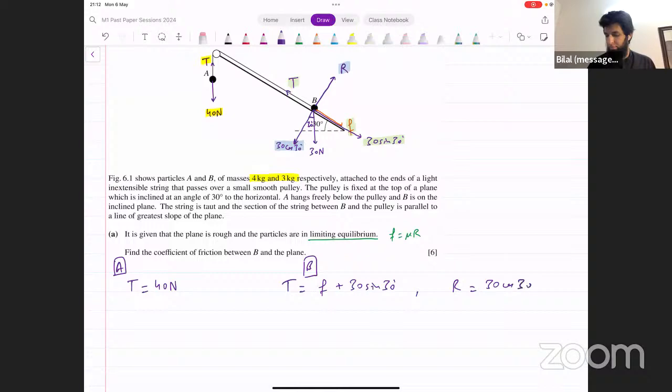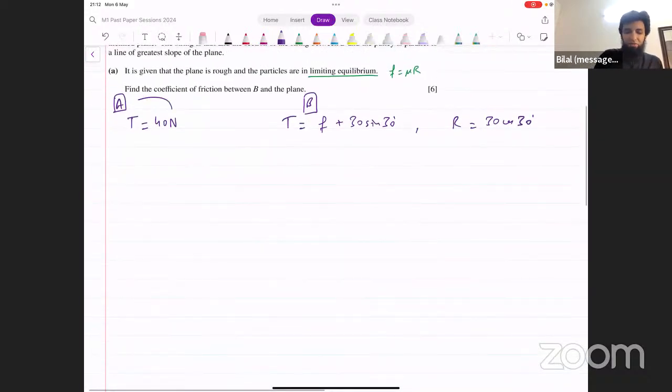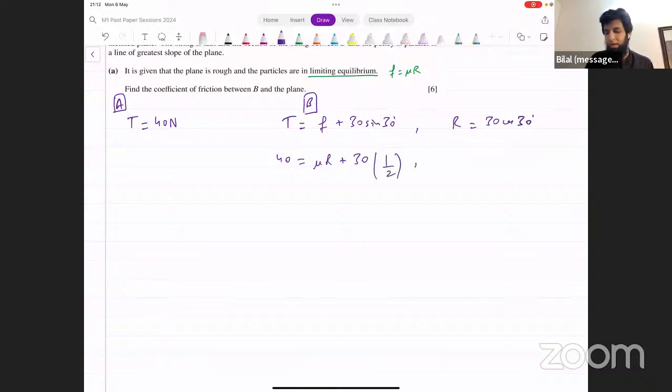Now we just solve these equations. We know that tension is 40, so we can put that here. We can say 40 equals F plus 30 sin 30. Since it's limiting equilibrium, friction is at its maximum value, which is mu R. So this is mu R plus 30 into sin 30. Sin 30 is 1 over 2, so that's 30 into 1 over 2. R equals 30 into cos 30. What's that? That is root 3 over 2.